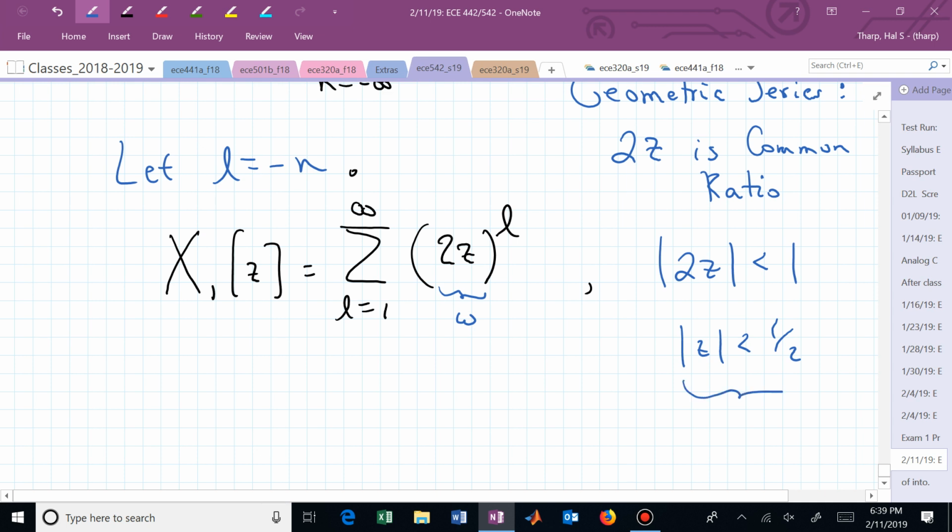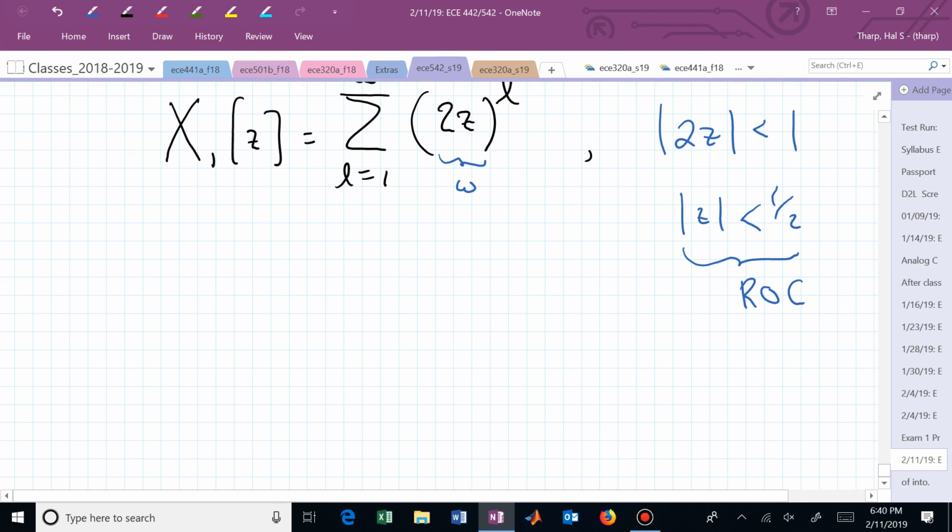This is our region of convergence. And which particular region of convergence is it? Z is now interior to 1/2. This is the disk. This is pattern 2, and that's consistent because we had a non-causal sequence. We had an anti-causal sequence, so this seems to be consistent.